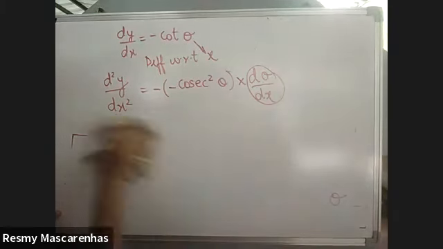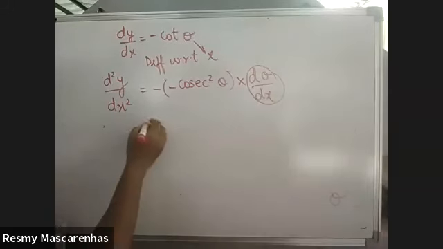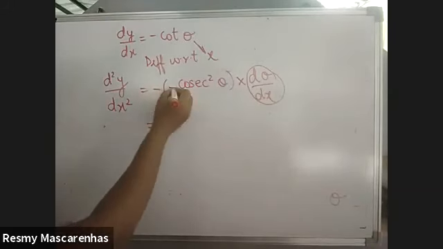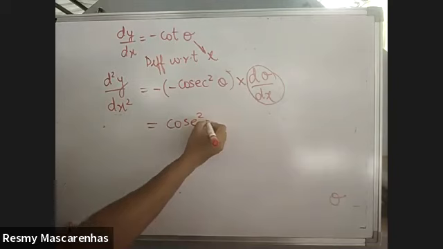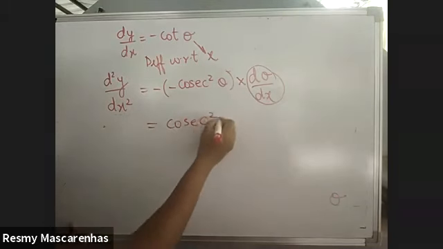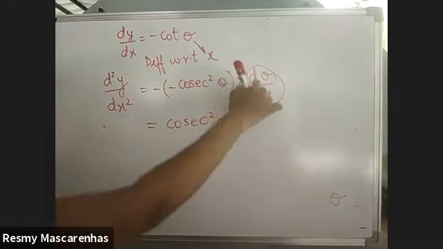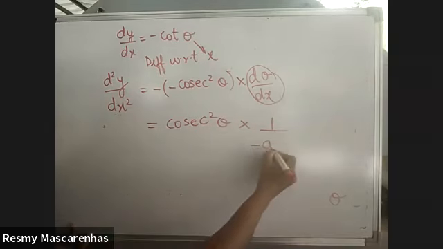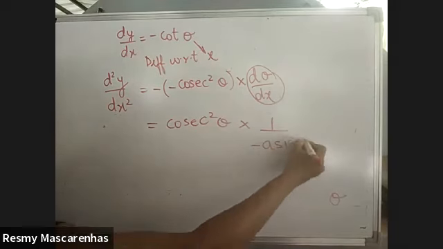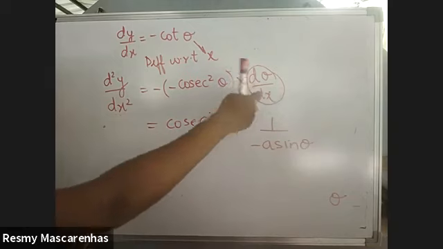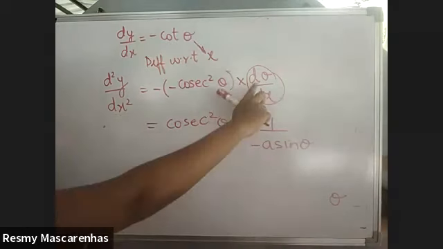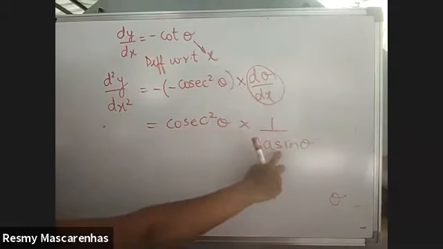So you can mark that equation as 1 and then here you can write from 1 you got. So minus into minus will be cosec square theta into this reversed. This is d theta upon dx and that was dx upon d theta. So always you will get this answer here, reverse and write.